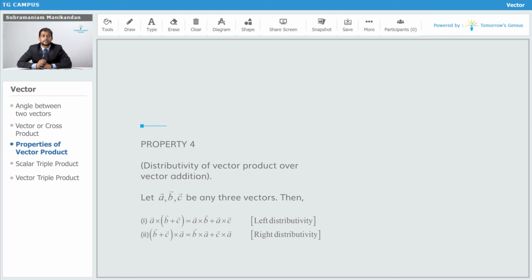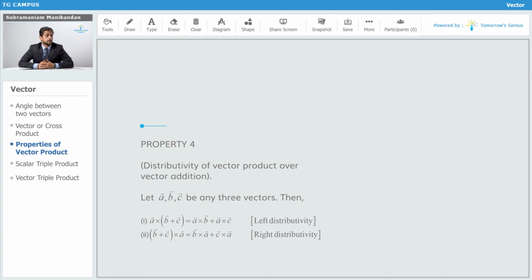So when you have the single vector a bar on the left side of b bar plus c bar, you call it left distributivity. And when the single vector a bar is on the right side of b bar plus c bar, it's called right distributivity. Of course, the vector a bar could also be expressed as a resultant of two or more other vectors.